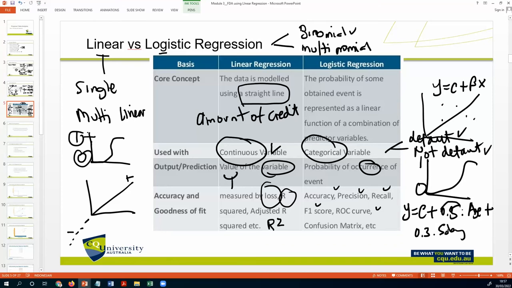So 0.5 times 100 becomes a score of 50 on age, 30 on salary. That is the score, rounded up and times 100, something like that.